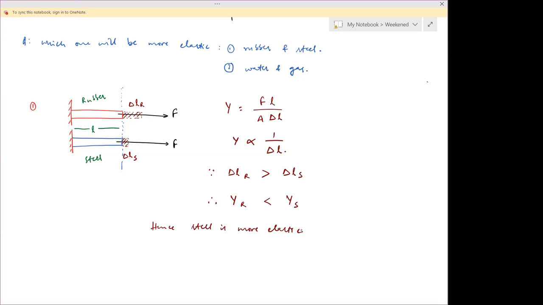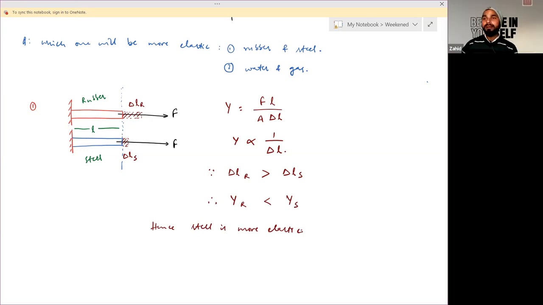Yes, sir. So this is how we can approach this problem mathematically. Similarly, you may approach the second part. Suppose I have taken water and gas in a balloon having the same volume. If you apply the same pressure on either one of them, gas will compress more as compared to water.